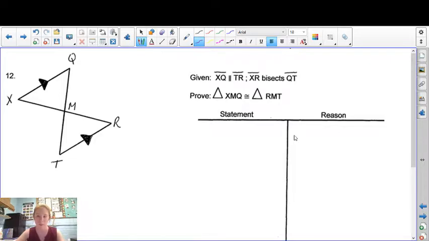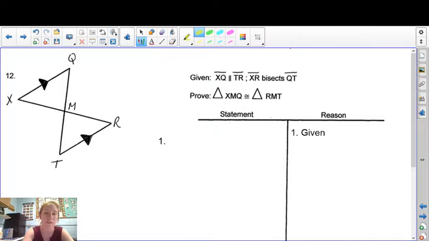So step number 1, like always, 1 dot given. Well, what's given? Ooh, so we see some funky things we might not have seen in a while. This guy is equally as important as those guys, because guess what? They mean the same thing.